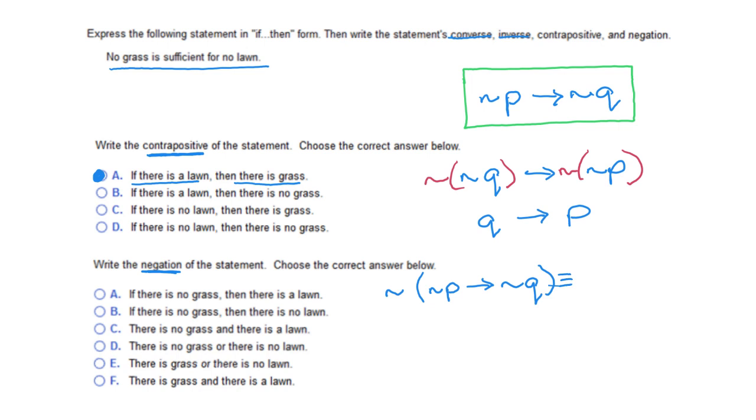What you do is you write the antecedent just the way it is, not P, put a conjunction sign, and do the opposite of the consequent. The opposite of not Q makes it Q. So the equivalent statement here would be not P and Q. So we're looking for the answer that satisfies that. Not P and Q is going to be there is no grass and there is a lawn. So this would be answer C.